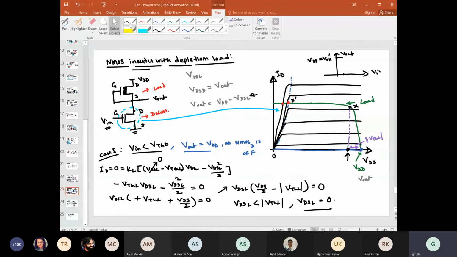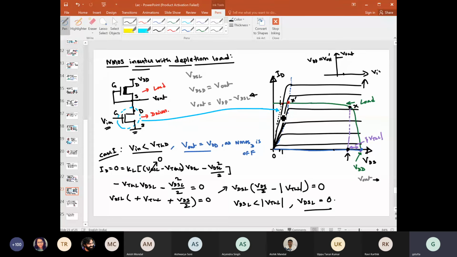If you keep on increasing this V in, that means you keep on increasing this part, so V output gradually moves from here, and if there is any further plot, maybe some plot like this, there will be a shift from this point to this point. So what is the change in V output? This is V output, right? What is the change in V output? That is almost negligible, right?